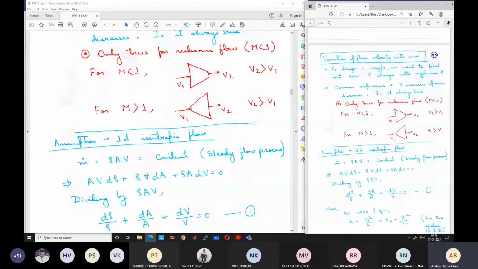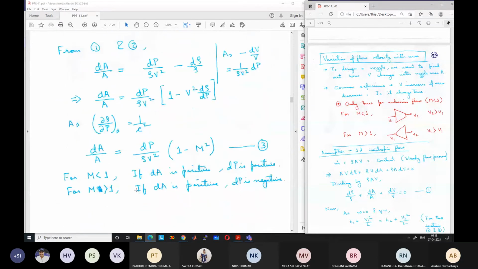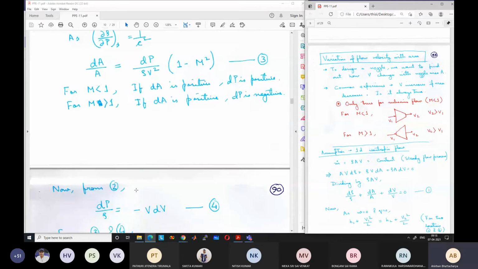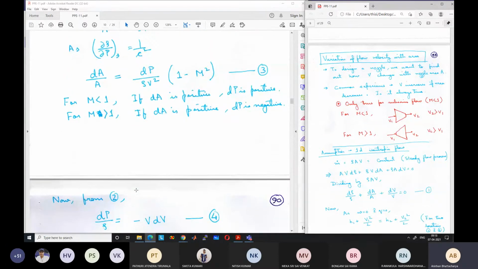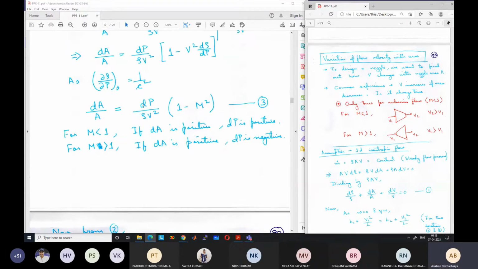So now let us try to relate it to velocity, because that will make us understand this better. Ultimately our target was to find the relation between area and velocity, because changes in velocity, whether velocity is increasing or decreasing with area, we can understand very easily.